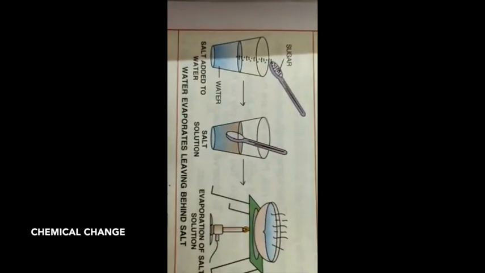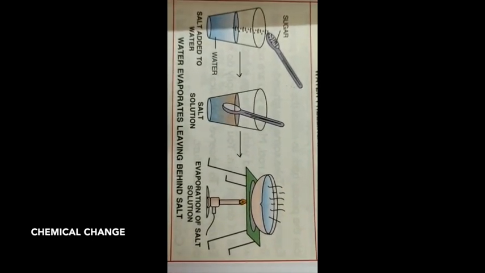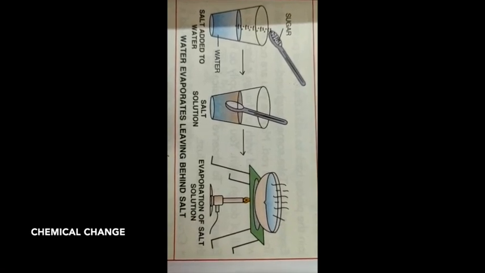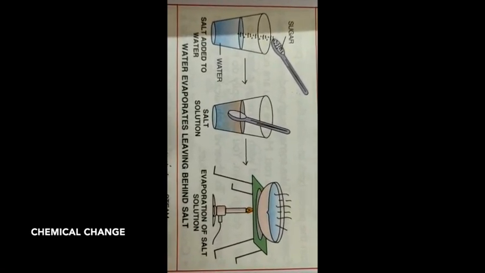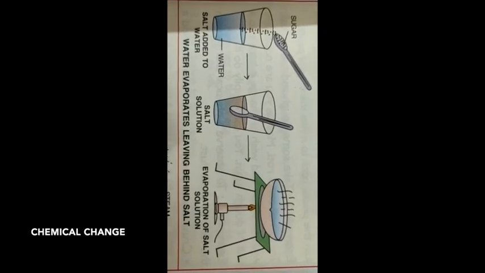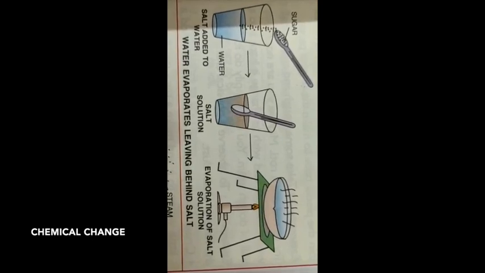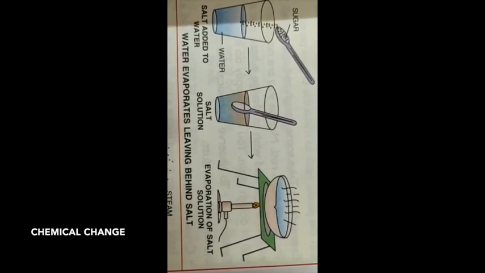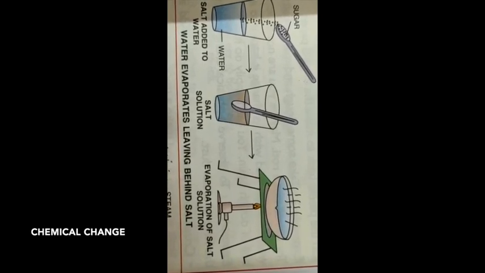Here, in the first glass, you can see that sugar is added to the water, and we can stir it well to mix it well. In the second one, it is salt. Both are the same. The process is called dissolution. In the first one, we are showing dissolution of sugar. In the second one, we are showing dissolution of common salt.